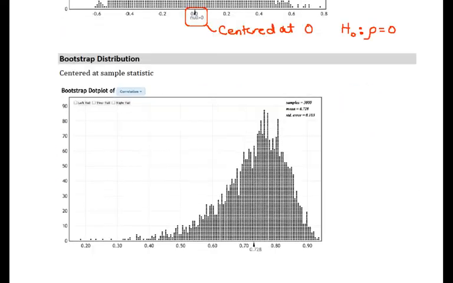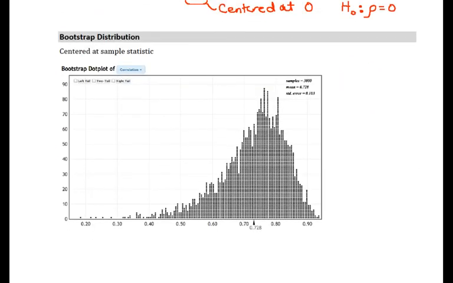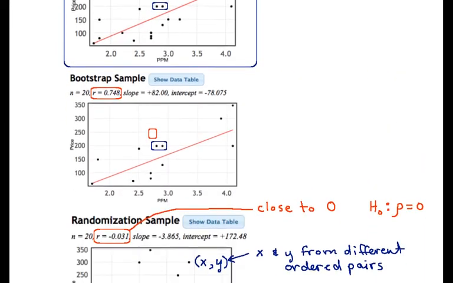And our bootstrap distribution is centered closer to our sample statistic. So this is centered at 0.728, which is close to our sample correlation, which we decided was equal to 0.74.